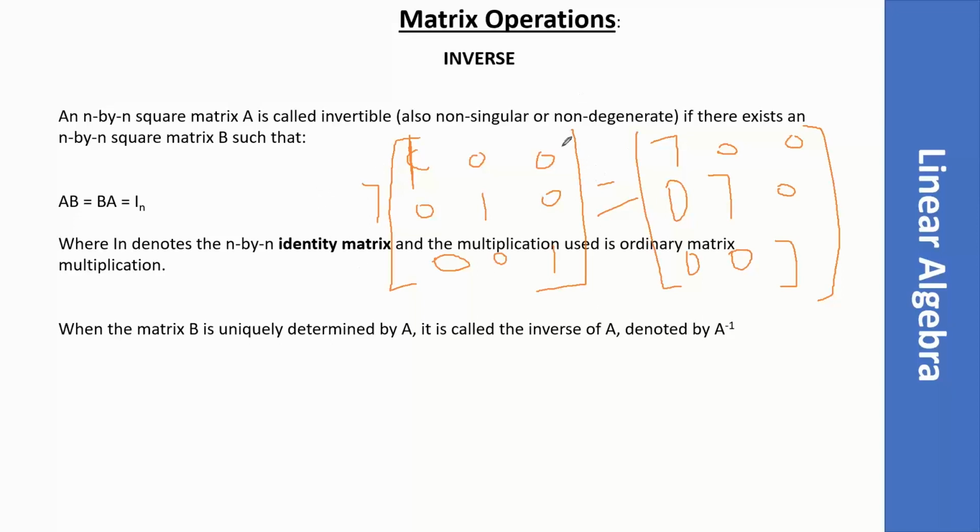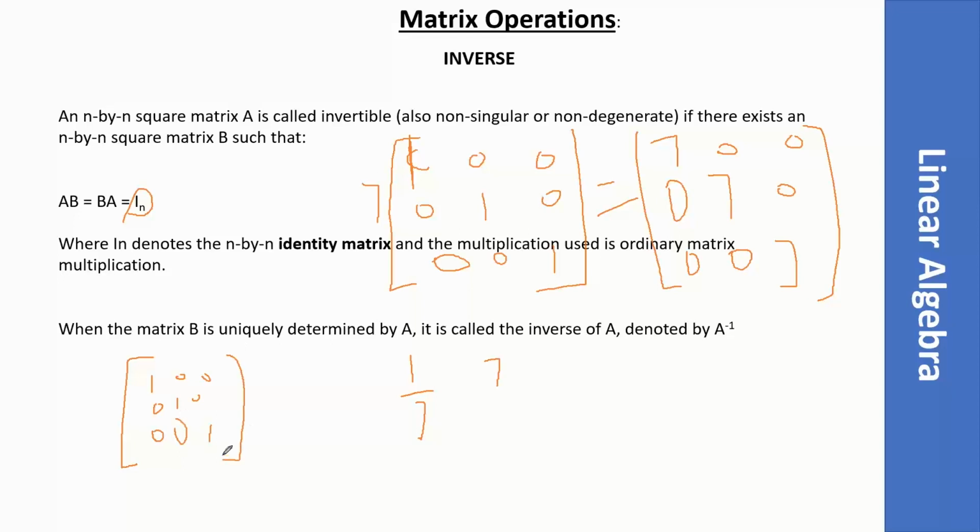Like if I'm just multiplying it by 1 by 7. So if I multiply 1 by 7 with this matrix and this matrix, then I'll get the identity matrix. So what is the identity matrix? The identity matrix has 1 in the diagonal and the rest all 0. So here it will be 0, 0, 0, 0, 0, 0.